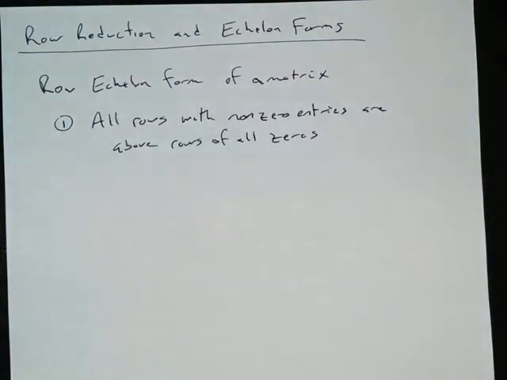I want to sort it so that any row with non-zero entries is at the top, and any row with 0 entries, all zeros, is at the bottom.